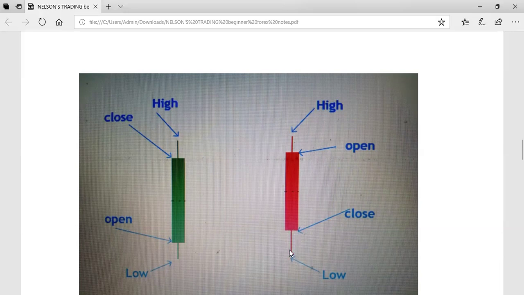But the opposing forces tried to push the price back up to this point. So that is why we say this is the close, this is the low, the lowest price point the price reached during that specific time, the close of that red candlestick, and this one is the open of that red candlestick. So please make sure you understand that.